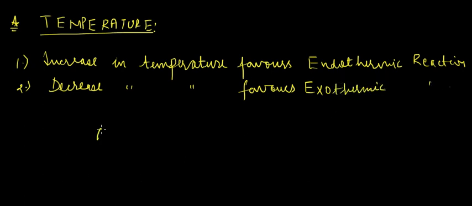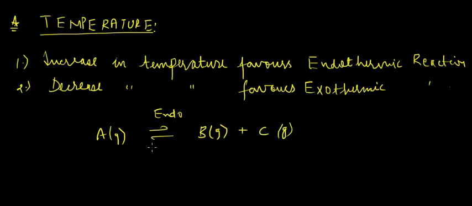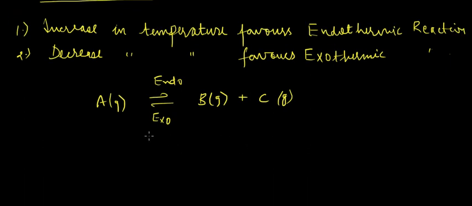Let's say we have an equation where on providing heat A dissociates into B plus C, and B plus C on releasing heat converts into A. So in the forward direction it's an endothermic process, and in the backward direction it's an exothermic process. Let's see first for endothermic reactions.